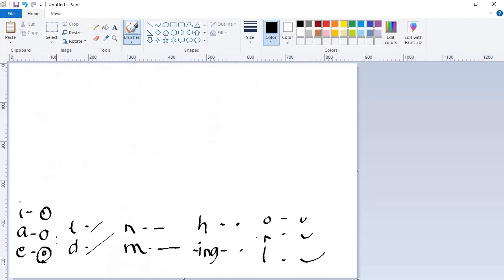Ito yung sound, kapag ang narinig mo is E, for example, hit, dig, diba? Yung vowel doon, though it's letter I in English, yung pag-spelling na gamit ang letters, it's letter I, but when you hear its sound as E.